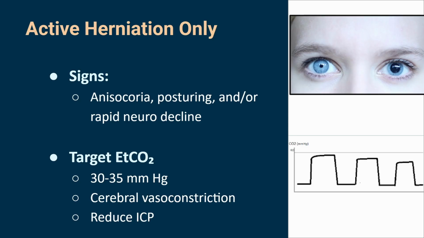When we raise CO2, it causes vasodilation. CO2 of 50, vasodilation. CO2 of 20, less dilation. So when I get more CO2 out, it forces these cerebral arteries to constrict and therefore restrict the amount of blood that's filling up the skull.